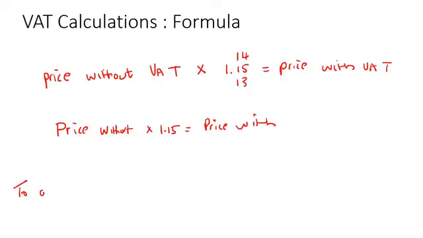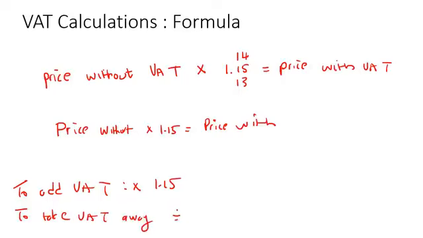To add VAT, multiply by 1.15. To take VAT away, divide by 1.15. Okay, that's actually what this formula is going to do. So to add VAT onto an item that doesn't have any VAT, you just multiply by 1.15. To take the VAT away, you just divide by 1.15.